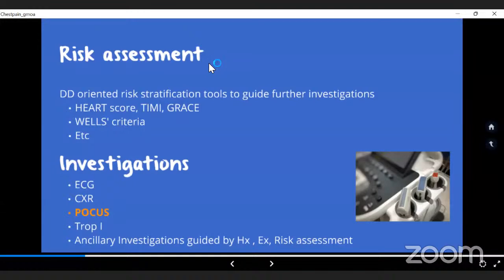So they developed different scores, and we have ready-made scores to use to risk assess the patient.